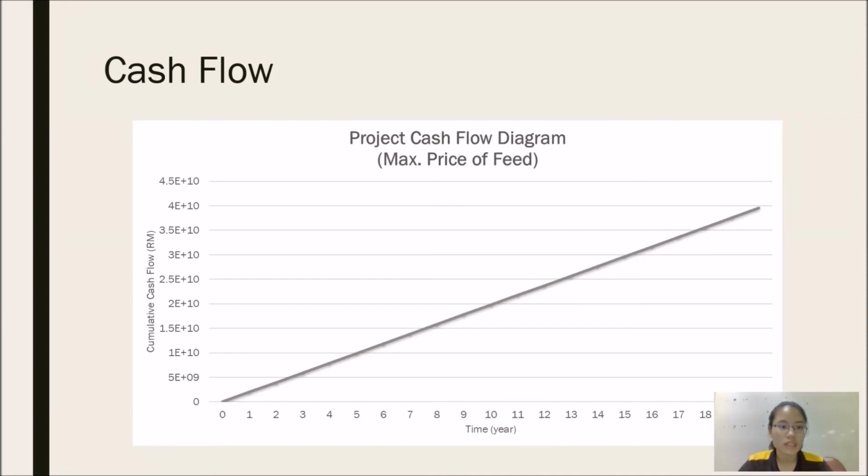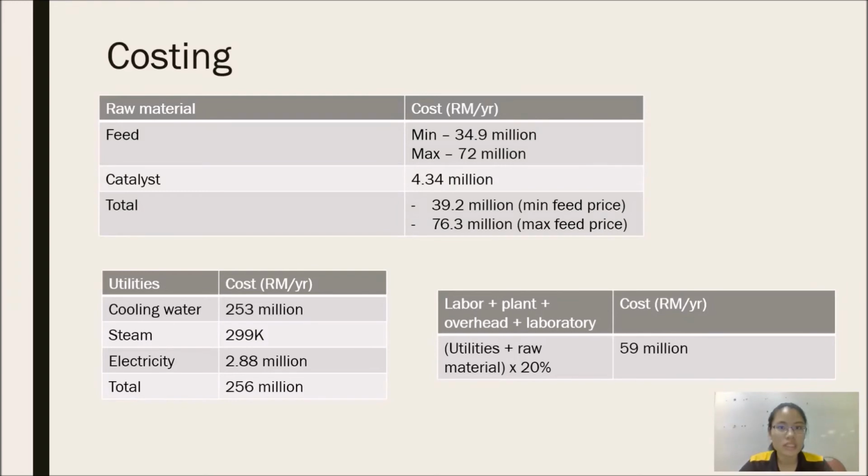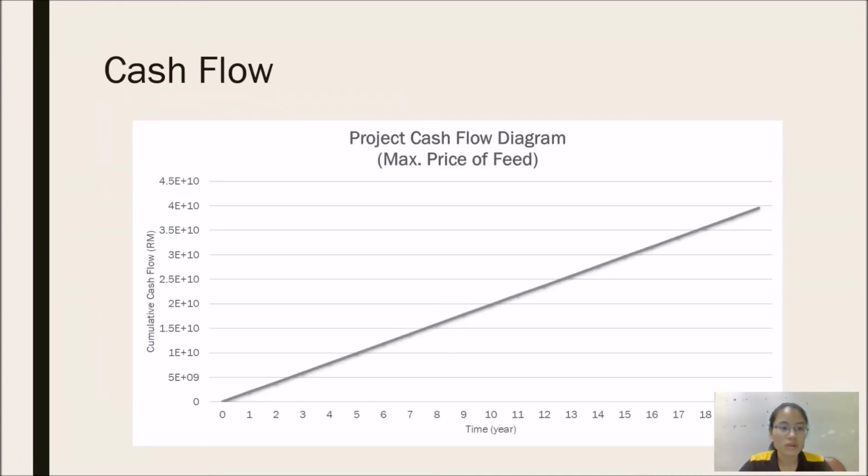We earn money from the first year to the 20th year because in our costing we didn't include capital cost, which is the cost for our units and pipes. That's why it can be seen that we earn money from the first year. Supposedly, a company will have a payback period of about 4 to 5 years.